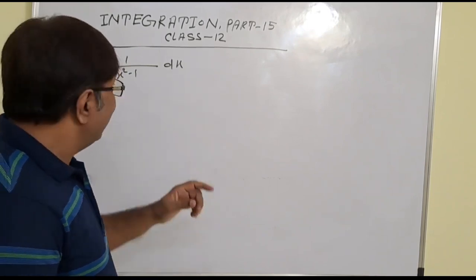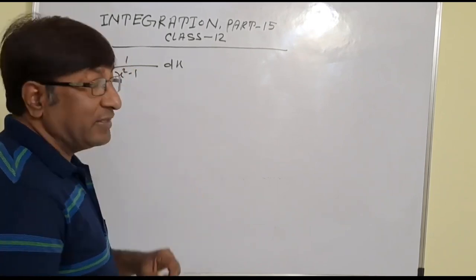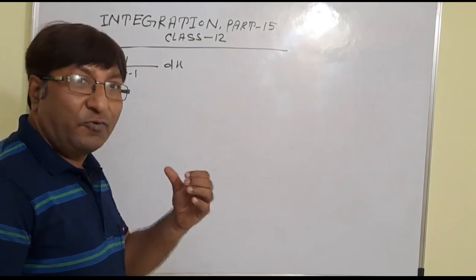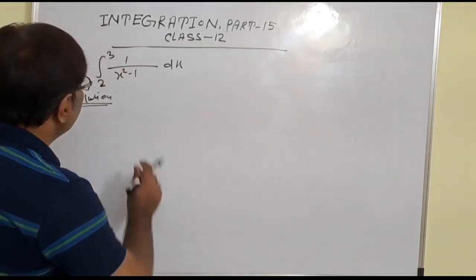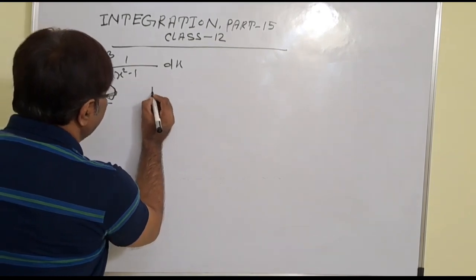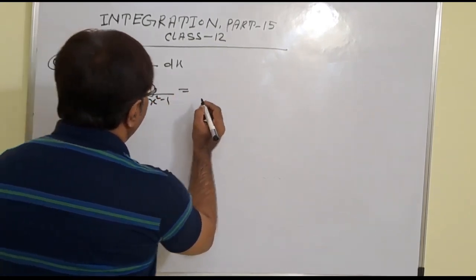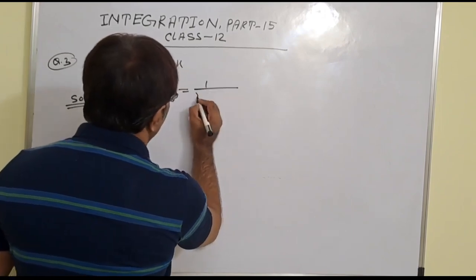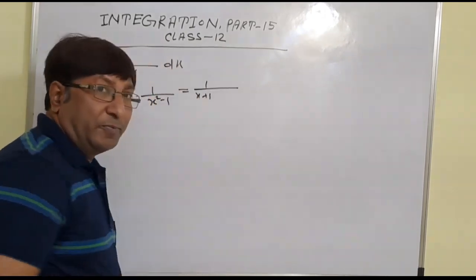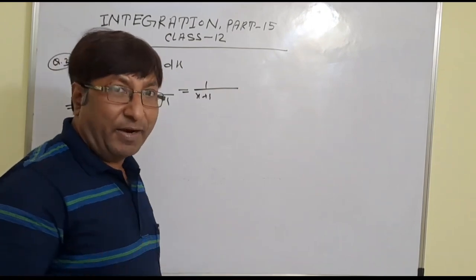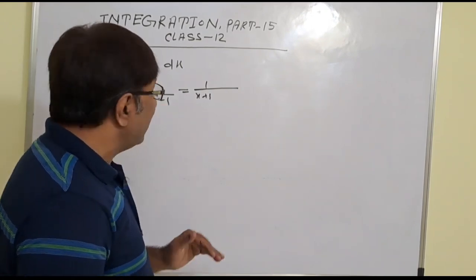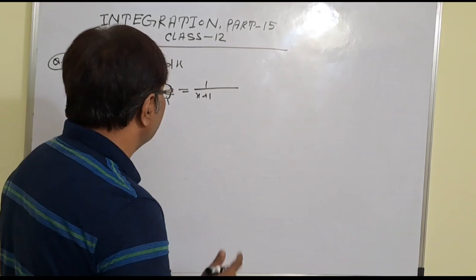So you know well, we will solve this function with the help of partial fractions. So let us see. First we are solving this expression, 1 upon x square minus 1. We can write 1 upon a square minus b square, you know, a plus b, a minus b. So x square minus 1 means x plus 1 into x minus 1.